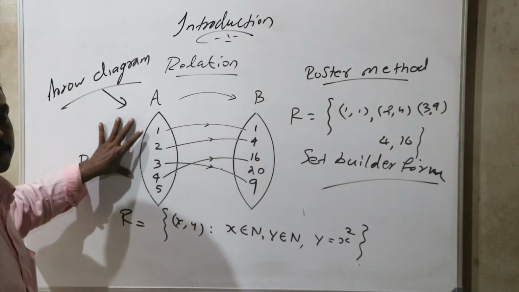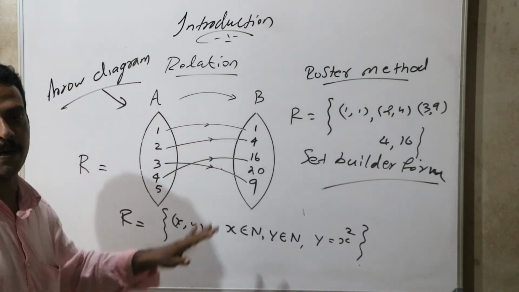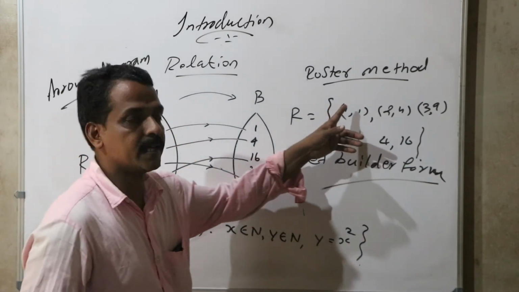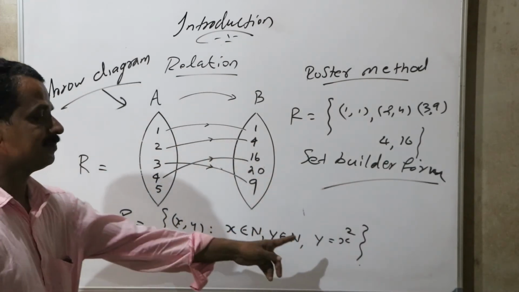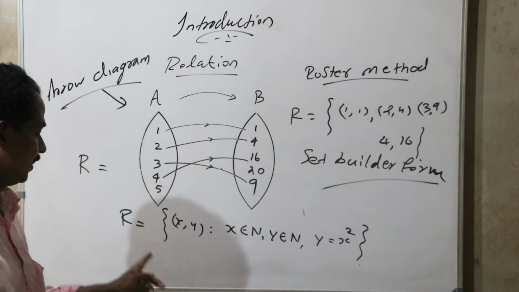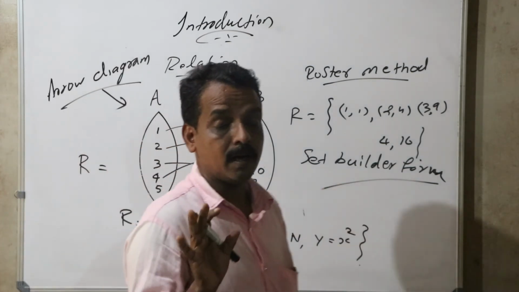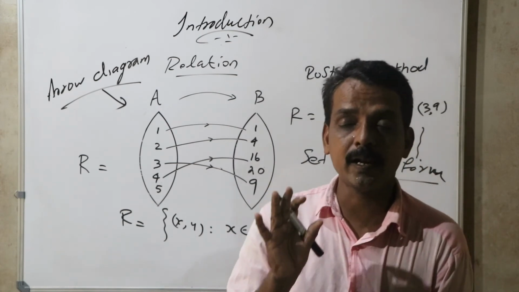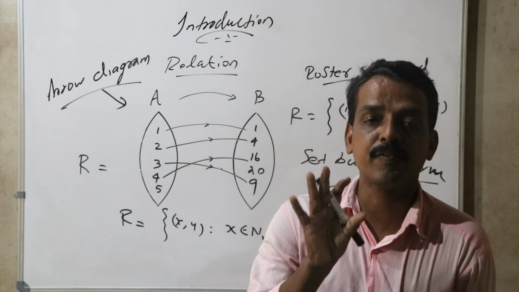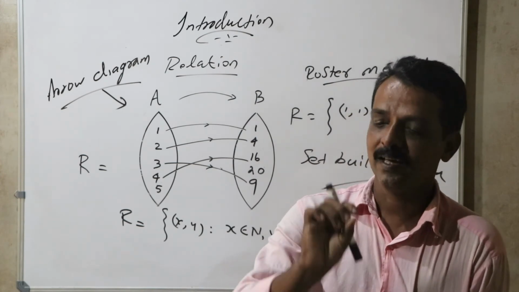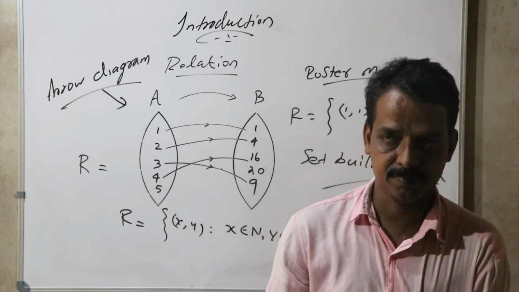This is the representation of a relation as an arrow diagram. This is the roster method, and this is the set builder form. We can represent a relation in 3 different ways: arrow diagram, roster form, and set builder form.